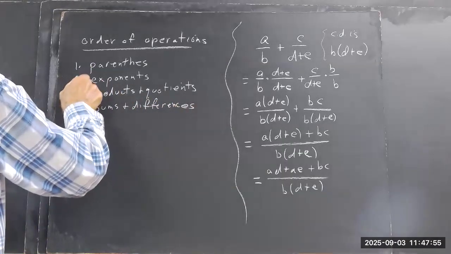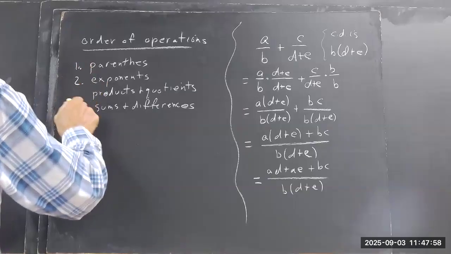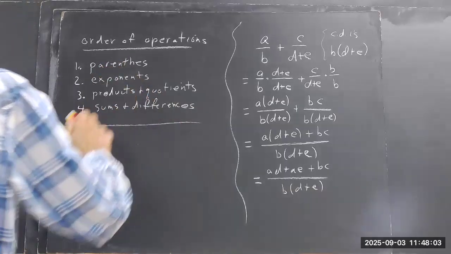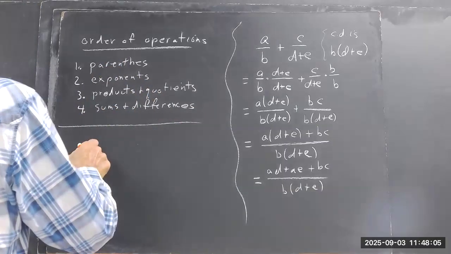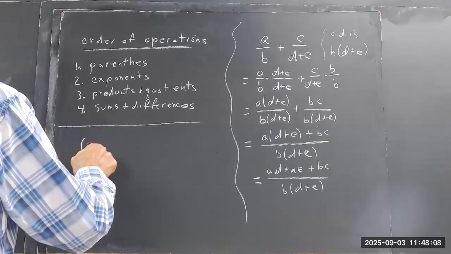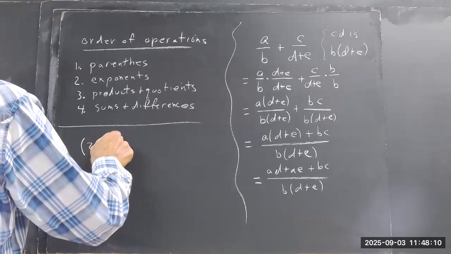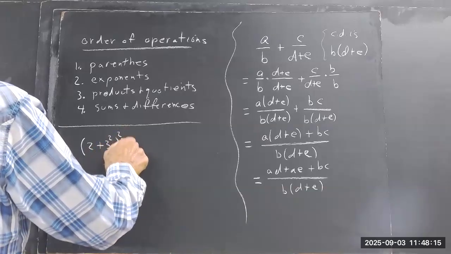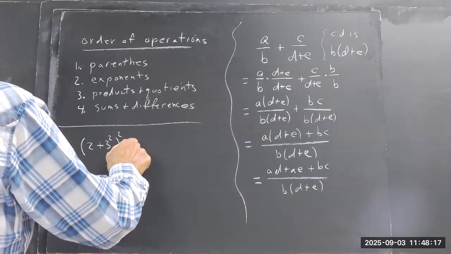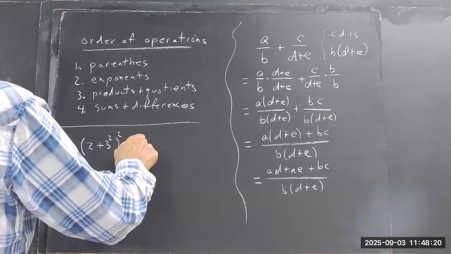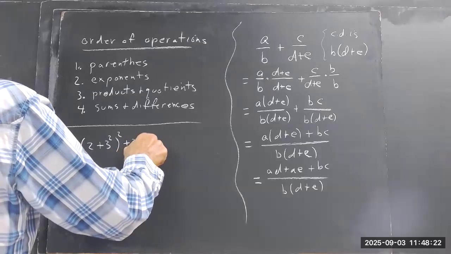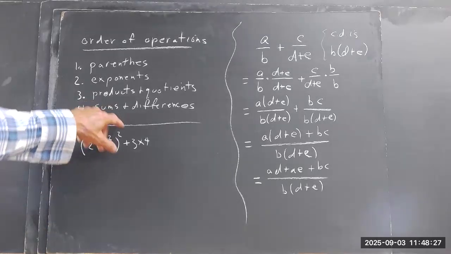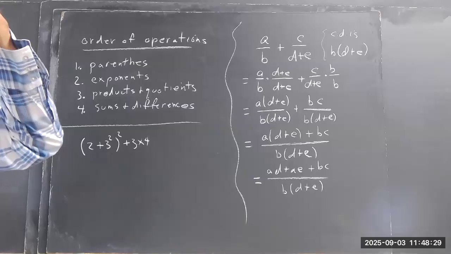You're probably familiar with this, especially since you've done the homework in order of operations with fractions. That's just kind of a summary. And just to illustrate what that means, let's say we got 2 plus 3 squared, squared, plus 3 times 4.